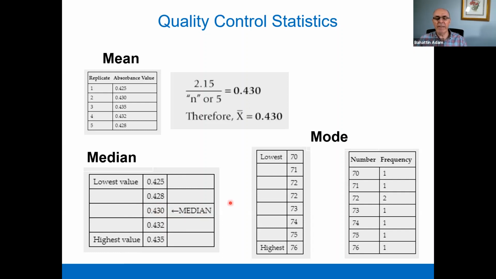If you sort the same data and look at the frequency, the highest frequency value will be the mode. As you see in this case, 72 is the mode of this data set.